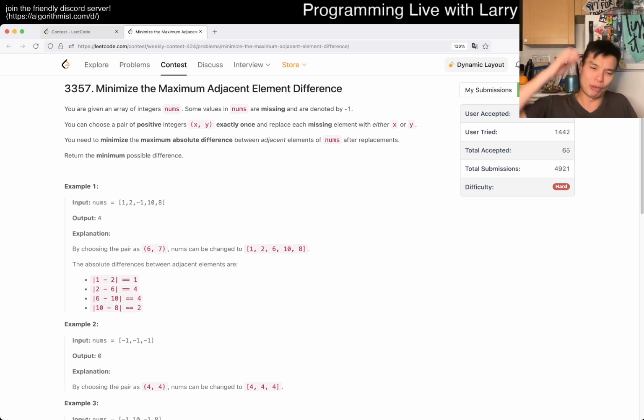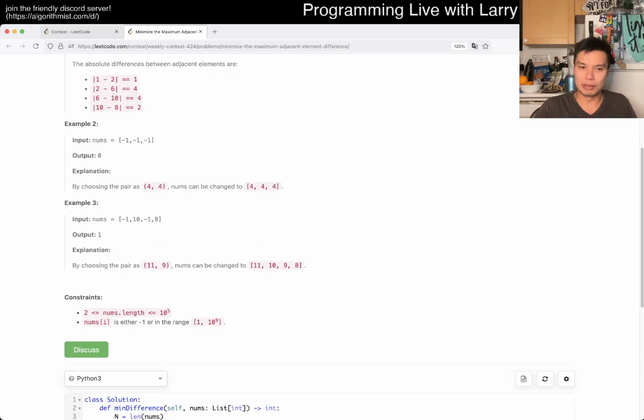So you can actually compress all the -1s together. That's the first observation. So it only matters if they're in between numbers, right? And the thing with binary search is that you can go 2 directions. You can go up or down.